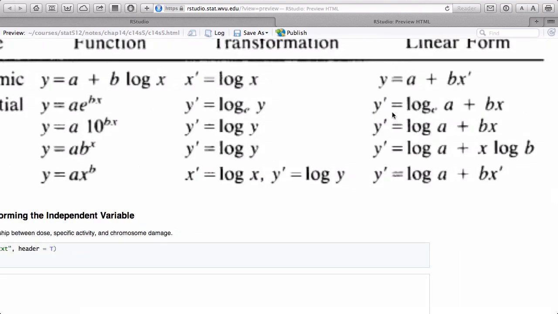It becomes y prime, or the log of y equals the log of a plus bx plus the log of epsilon, if it's multiplicative. But if that epsilon is additive, it won't work. The only thing I have to do is say the error term is additive. I can't take the log. And that is a nonlinear model.